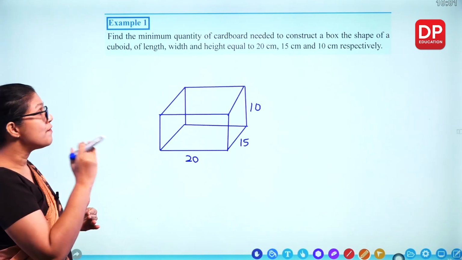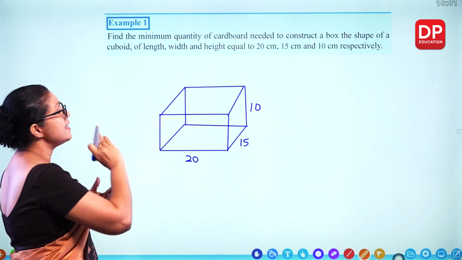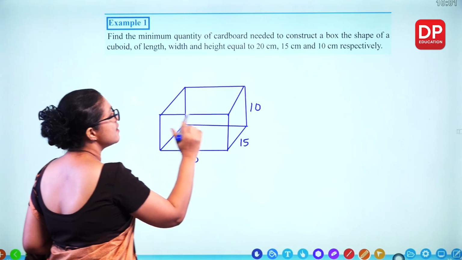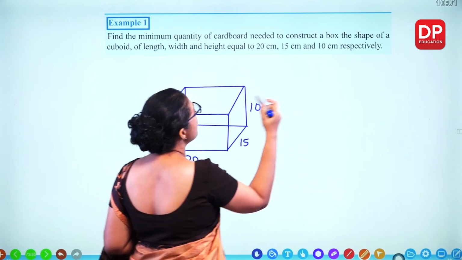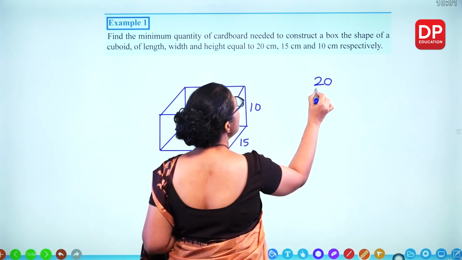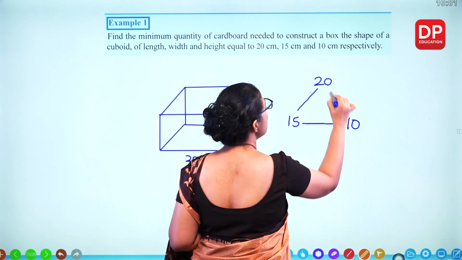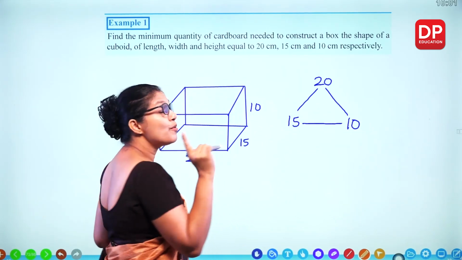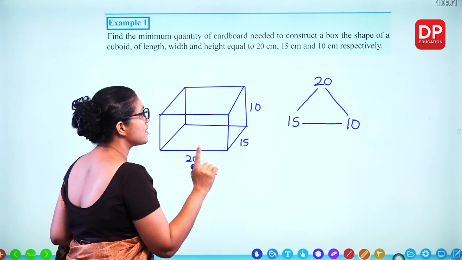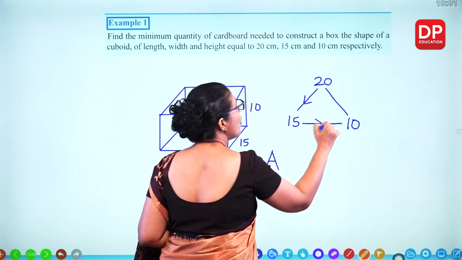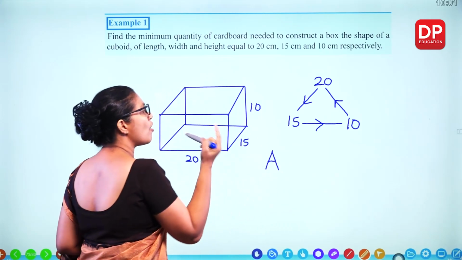So how do we find out the surface area? Surface area of the cuboid, we are adding all sides. So what is the method? You can write down the length, breadth and height in a triangle, and you can use the formula. We can go anti-clockwise or clockwise.